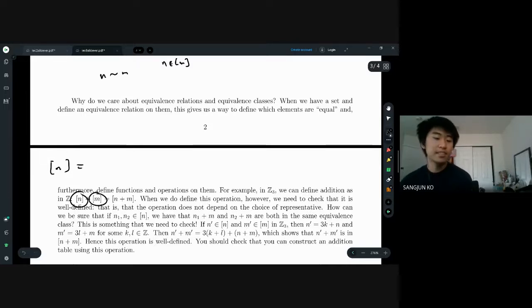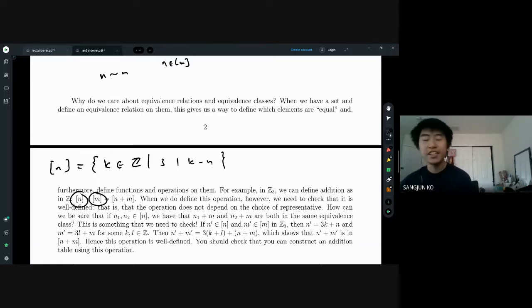In Z3, it's the set of all k in Z such that 3 divides k minus n. So this is a set, and now we're talking about adding two sets together and getting a different set, right?